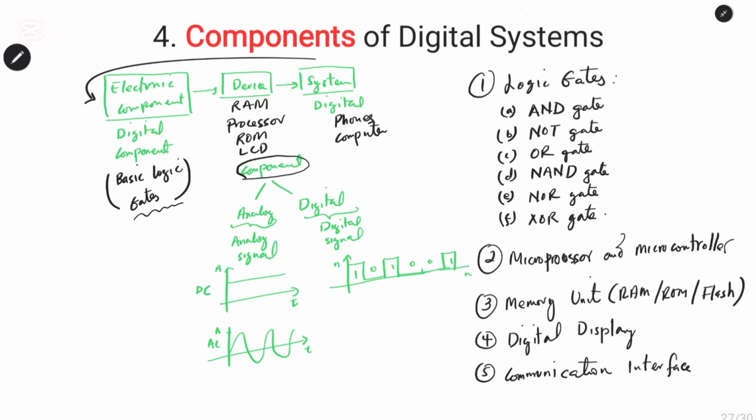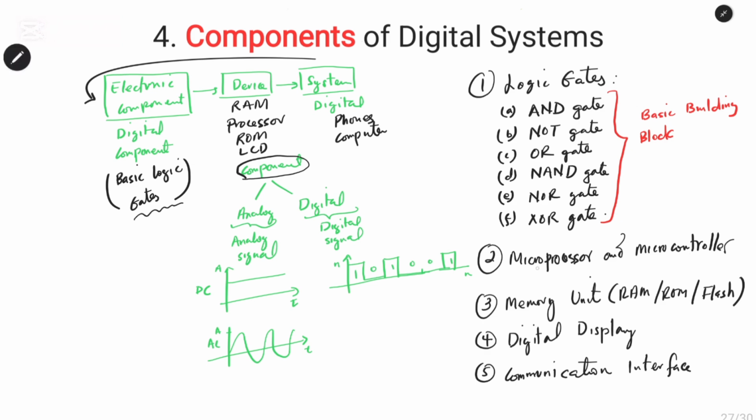Let me now briefly describe the function of each of these 5 components of a digital system in brief. So the first one is the basic logic gate. They can be regarded as the basic building blocks of a digital system. And secondly is the microprocessor and microcontroller.